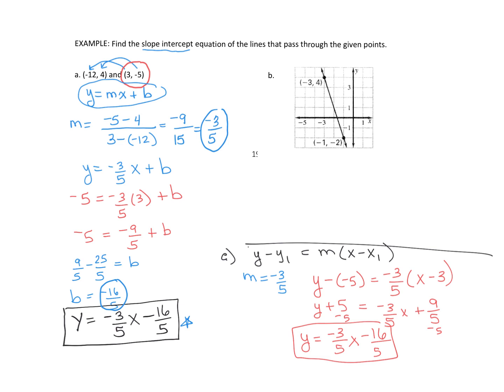All right, let's take a look at this second example here, example B, and I'm going to extend this graph just a little bit here so that we can see what's going on. So when we look at this graph, it's interesting because I can count my slope. So I can go down a certain amount and over a certain amount and get back on the line. So how far did I go from this point here, which is at 4, all the way down to -2?